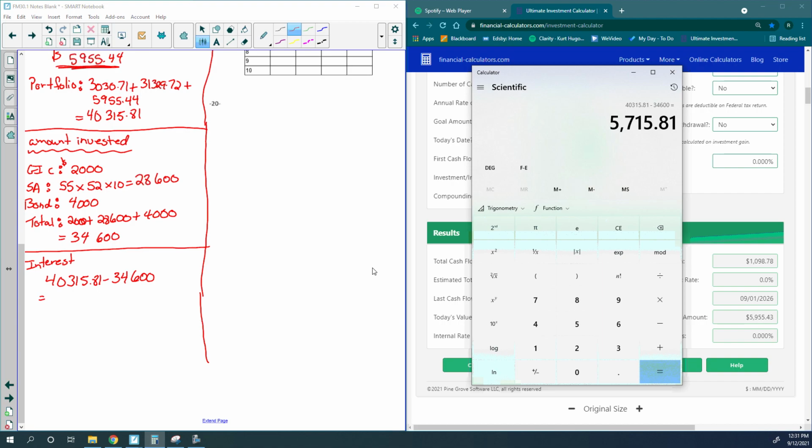And so the amount of interest he's gained, or the amount of extra money he's made, is $5,715.81.